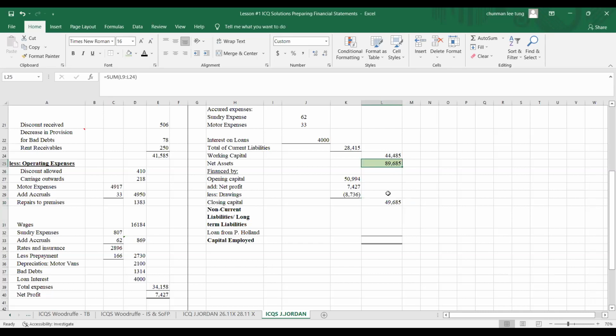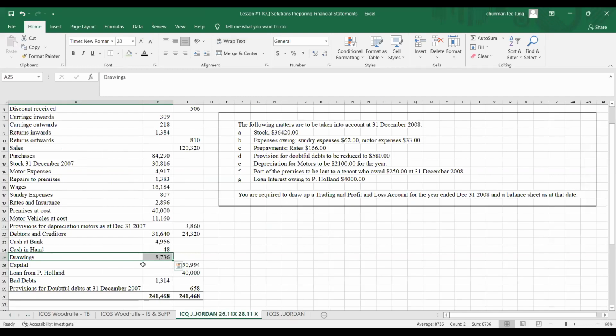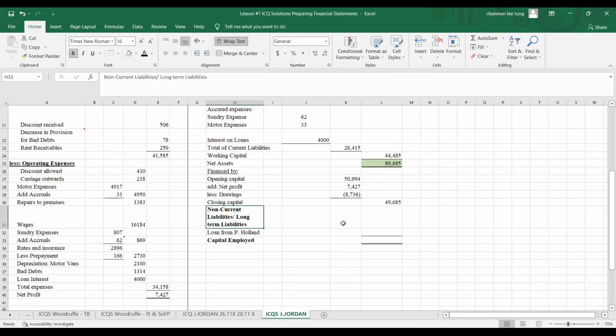So we have to continue and try to get this 89 here. Let's look at the long-term liabilities. Non-current liabilities, also called long-term. We had a loan from P. Holland, which is over here, loan of 40,000 from P. Holland.